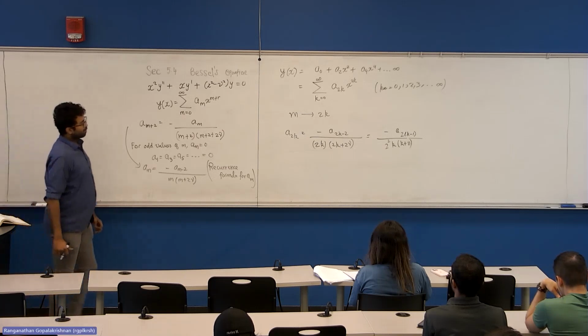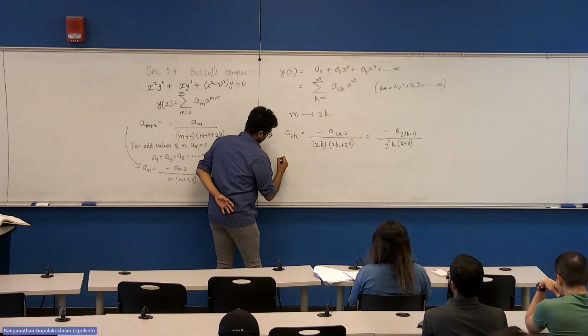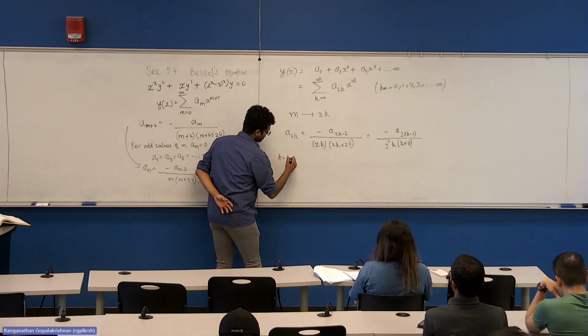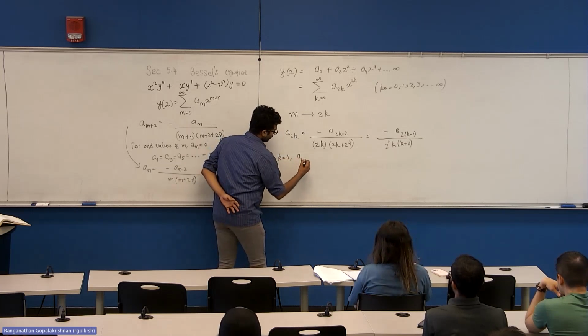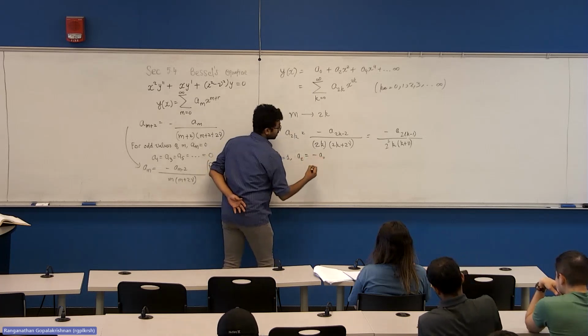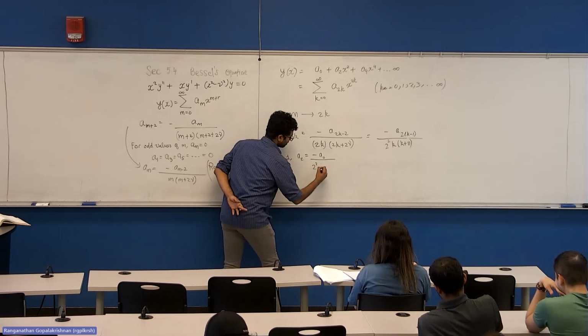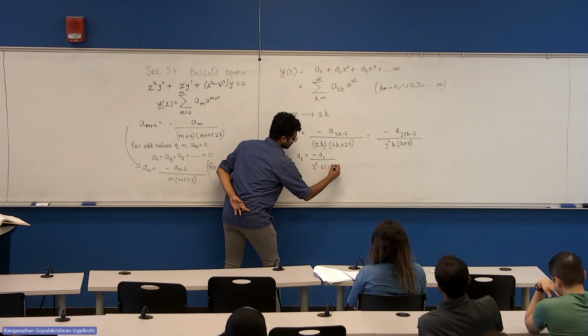So let's just apply this to get the first few values. For example, by setting k equals 1, let's evaluate a_2, which would be minus a_0 divided by 2 squared times (1 plus nu).